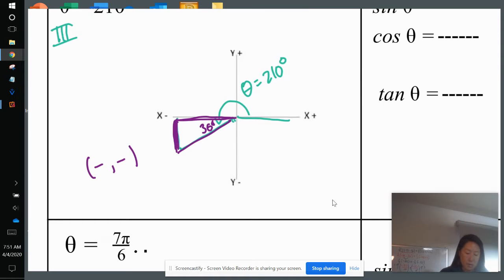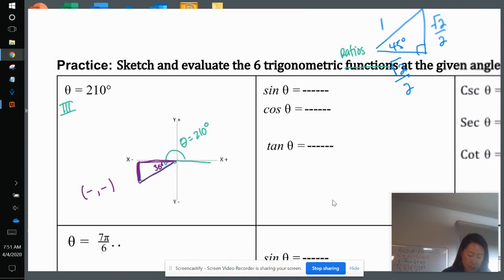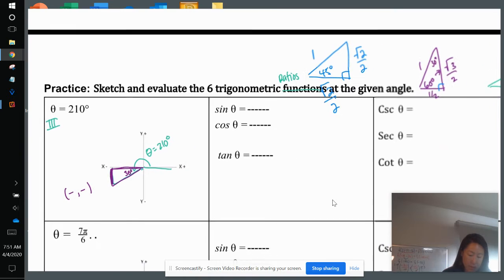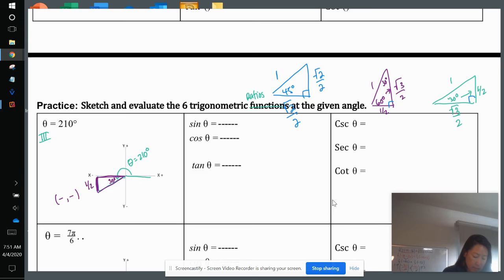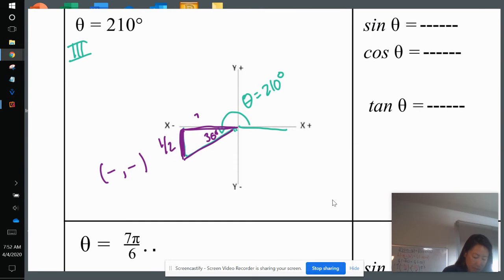So I'm going to look at my triangle from up here, my 30 degrees. Across from 30 is 1/2. Across from 60 is root 3 over 2. And the radius we're going to say is 1.